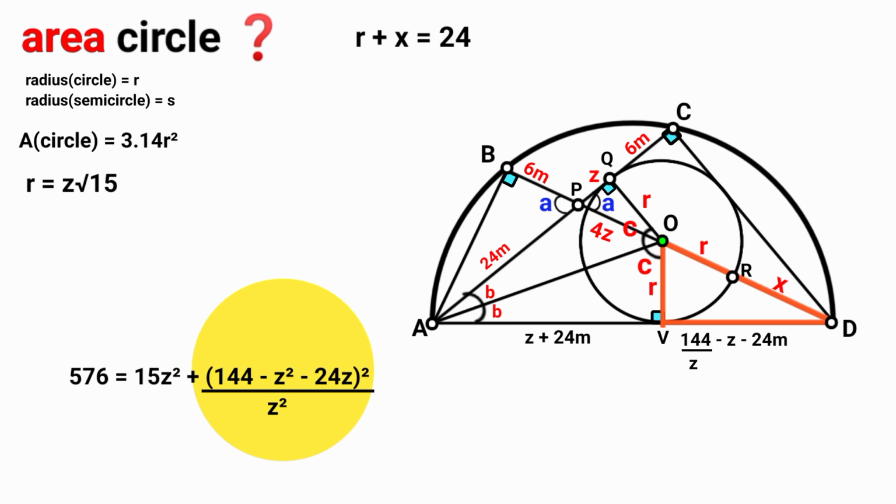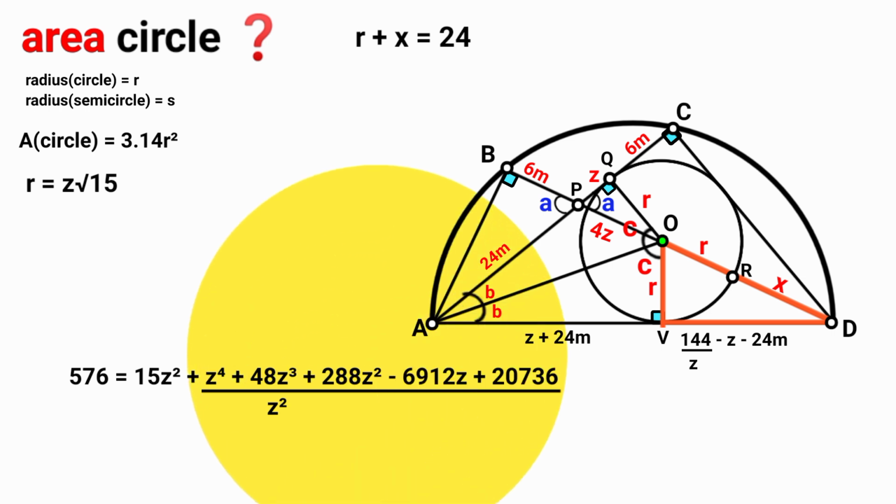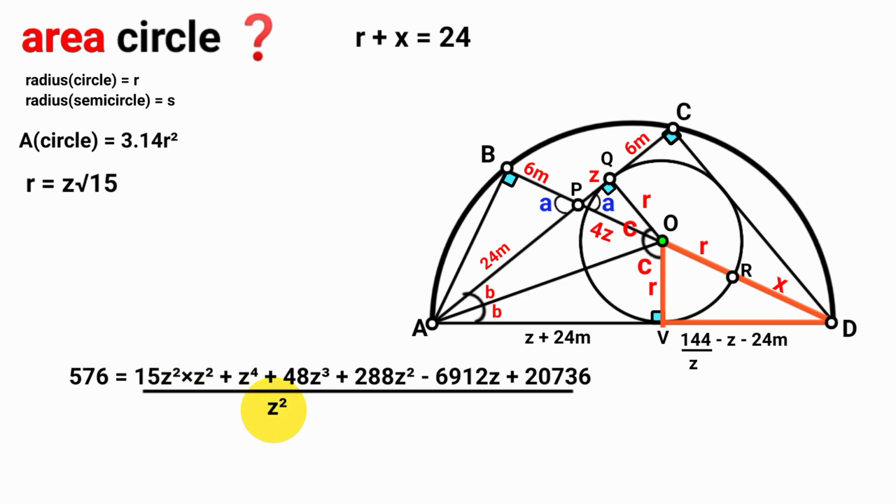If you square this bracket and collect the like terms, it is z raised to the power 4 plus 48z raised to the power 3 plus 288z squared minus 6912z plus 20,736. We can include this in the fraction by multiplying it by this z squared. 15z squared times z squared is 15z raised to the power 4. 15z raised to the power 4 plus z raised to the power 4 is 16z raised to the power 4.